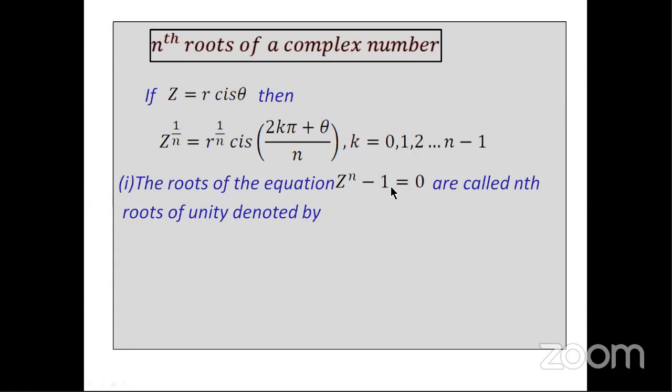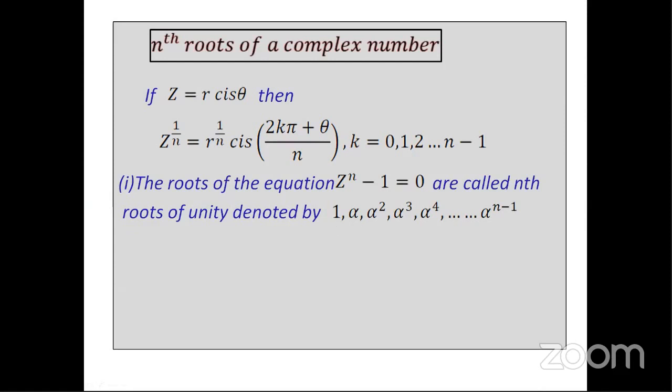If z power n is equal to 1, then the value of z is 1 power 1 by n. The nth roots of unity are denoted by 1, alpha, alpha square, alpha cube, and so on, alpha power n minus 1. Totally, you will get n roots, children, starting with 1.